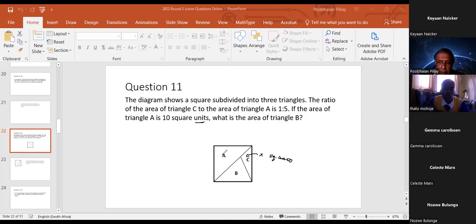So if this is X, then this area here is 5X, this triangle. But you got a square, and this diagonal splits the square up into two equal triangles, as you can see. So the area of this entire thing is 5X. So the area of this triangle here must also be 5X, right?